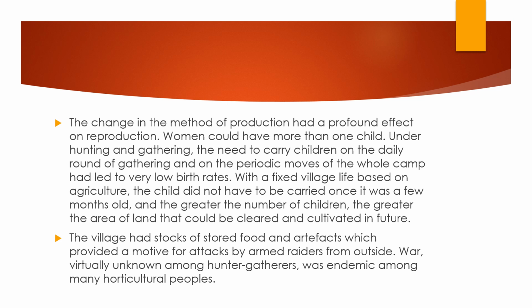Now, within a fixed village, life was based on agriculture. The child did not have to be carried everywhere, or once it was a few months old. The greater the number of children, the greater the area of land that could be cleared and cultivated in the future.